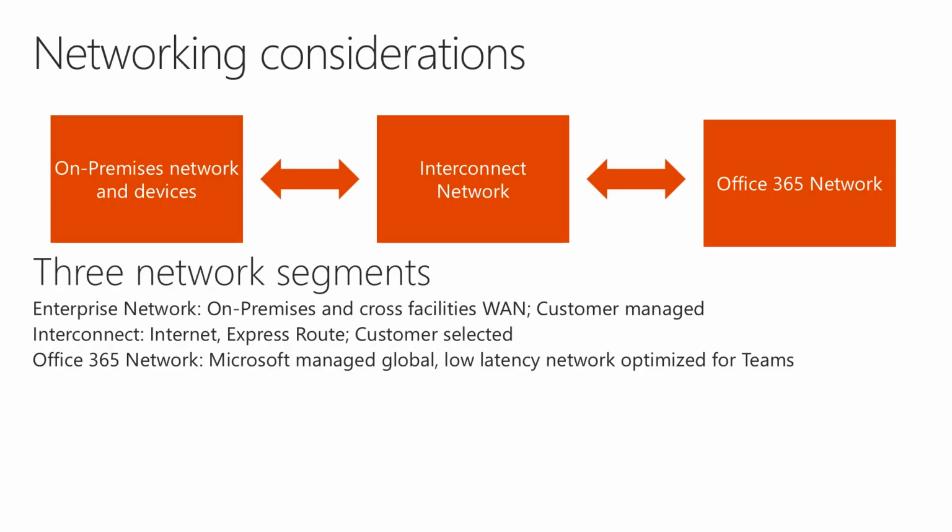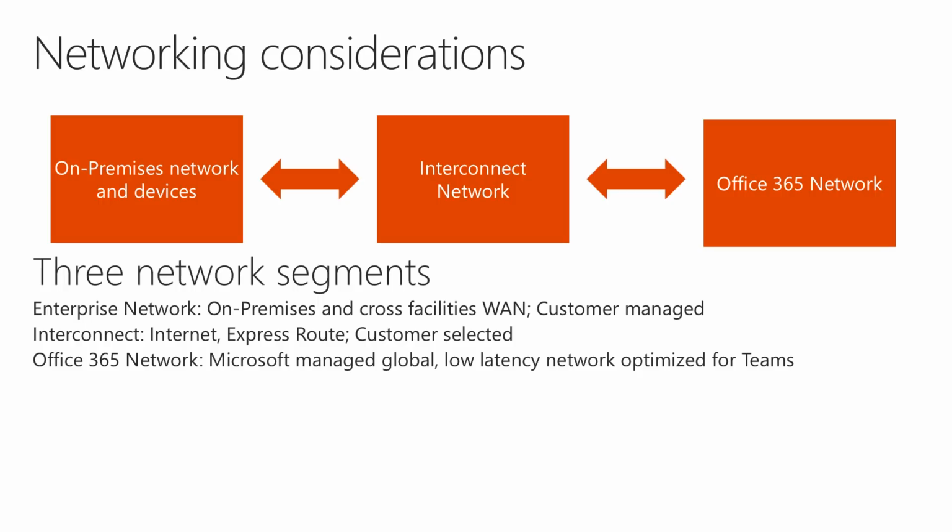When looking at the network, we think about three different parts, which are all required to get your users from your corporate network to Office 365. Please note that we will cover this only at a high level. There will be a dedicated session on network planning that will go into all the details: what the network requirements are, how you can test your network, and how you can plan for it.